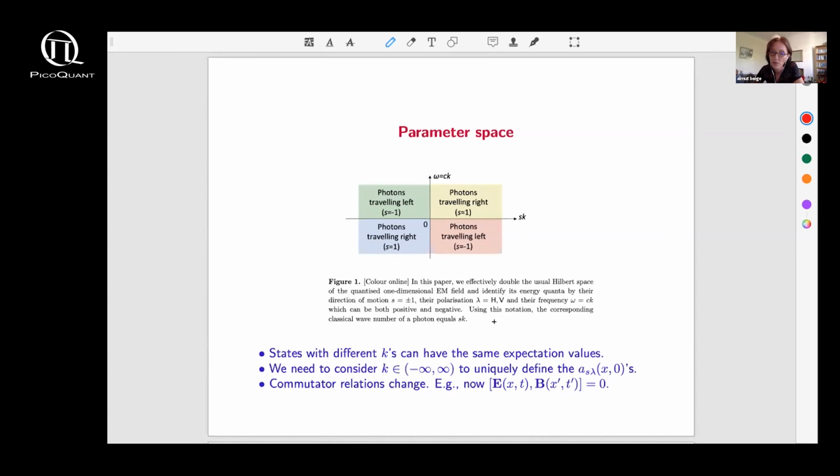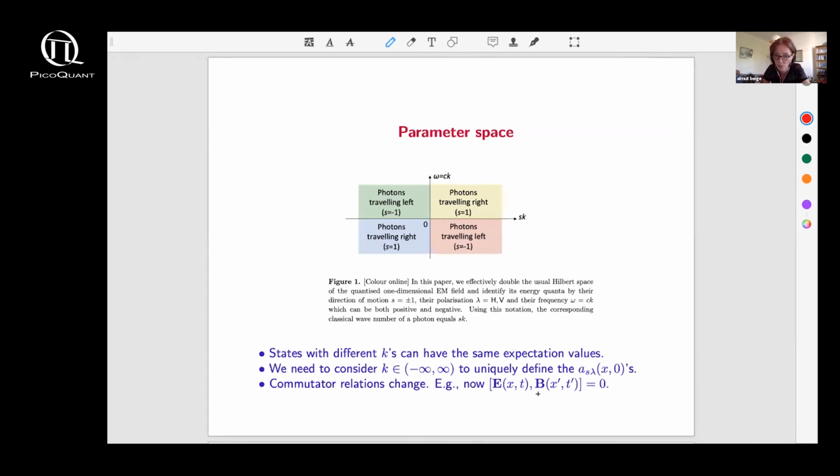In terms of expectation value, what we have introduced is a kind of redundant description, because we now have different states for wave packets that have exactly the same field expectation values. But as I said before, we need to consider the negative case in order to be able to change from momentum into position space and back. And this also affects the commutators.